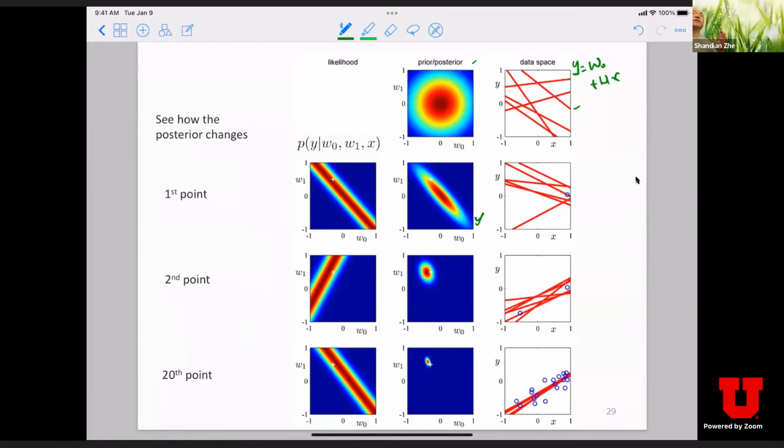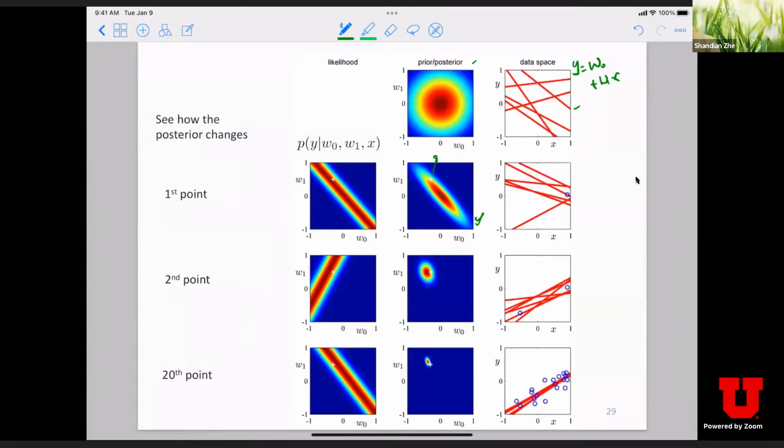First, it's no longer an isotropic Gaussian, because the posterior covariance won't be diagonal. You can also see that the center of the posterior density, which is the posterior mean, is getting closer to the ground truth. Here we use a white cross to indicate the ground truth value of W0 and W1.